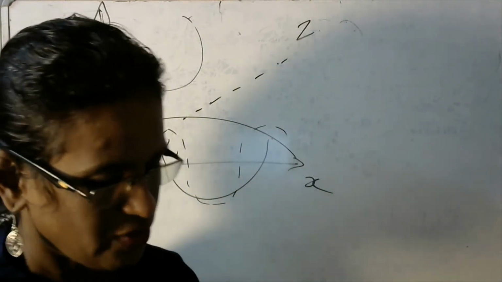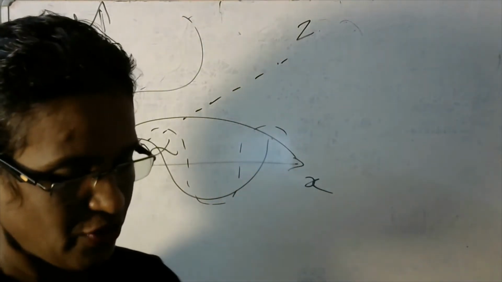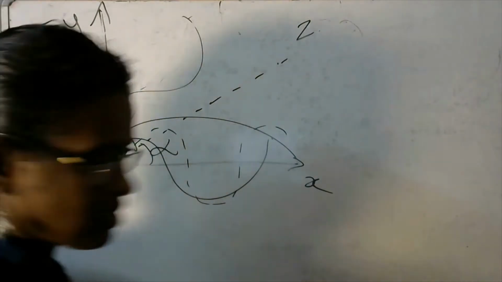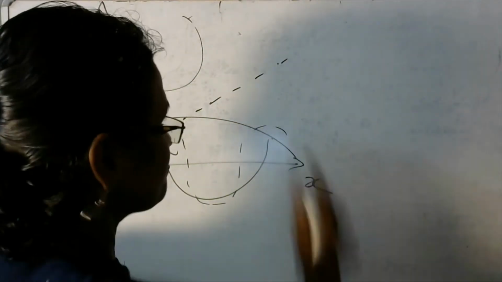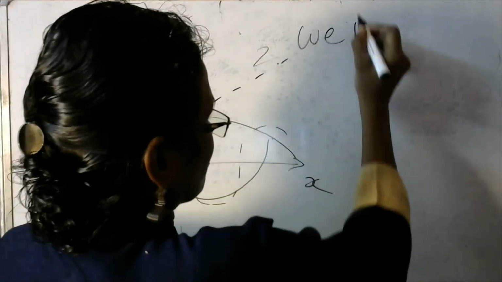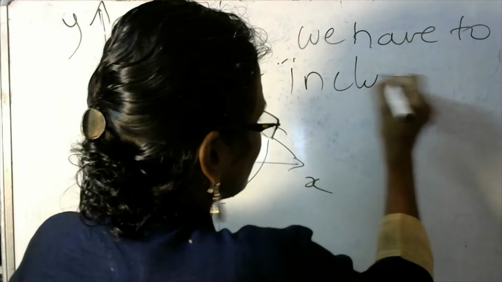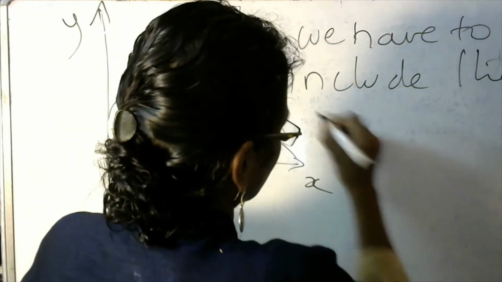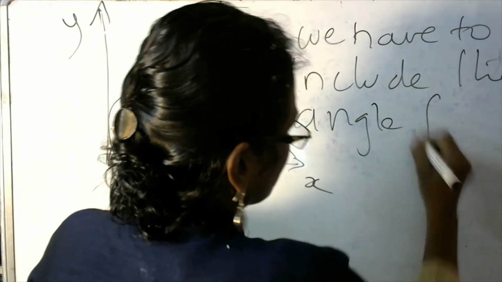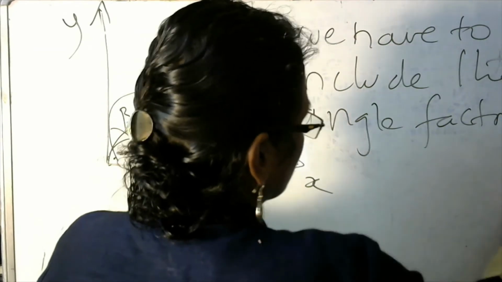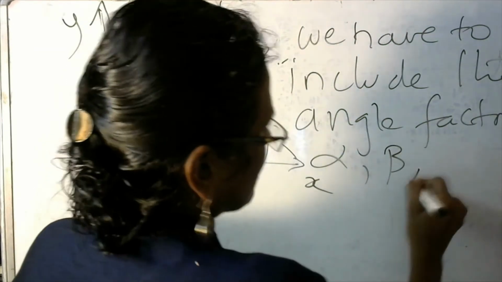So when we start including the angle factor, we have to include the angle factor of alpha, beta and gamma.